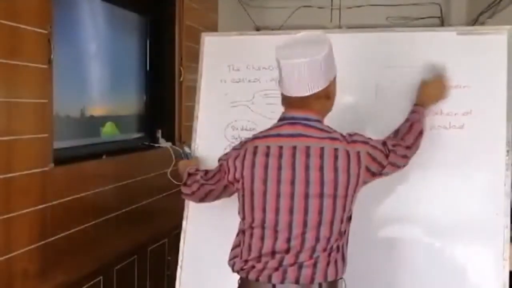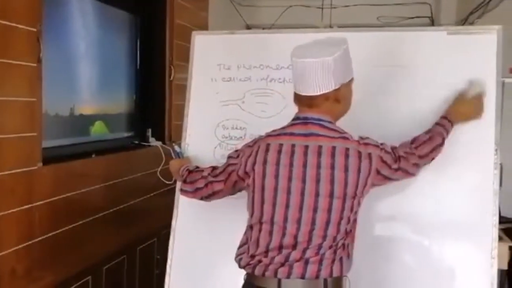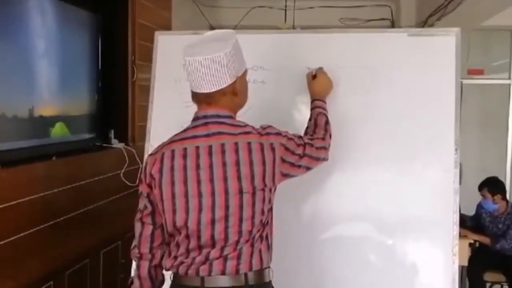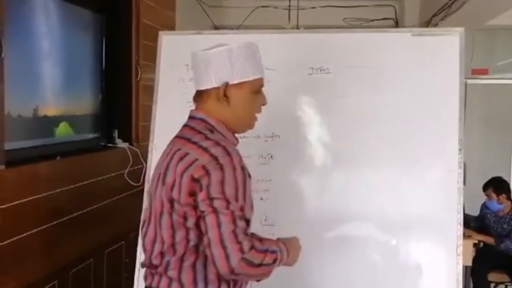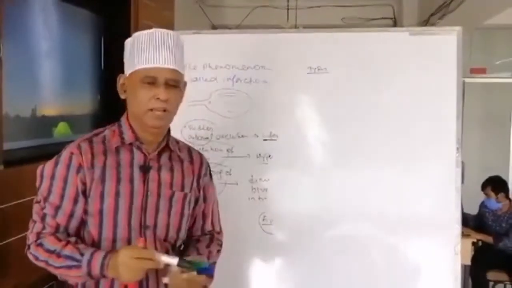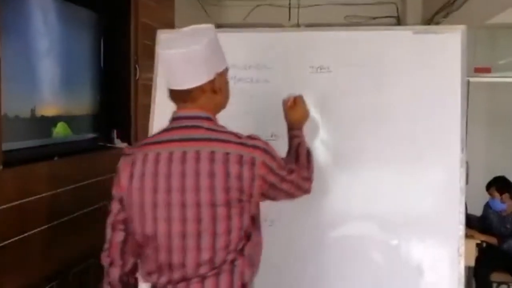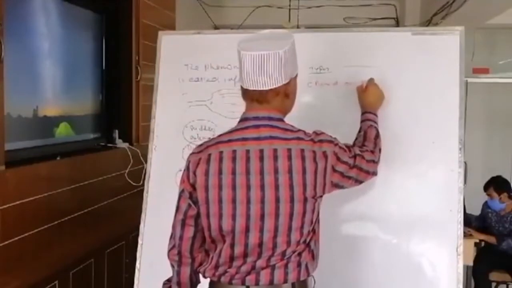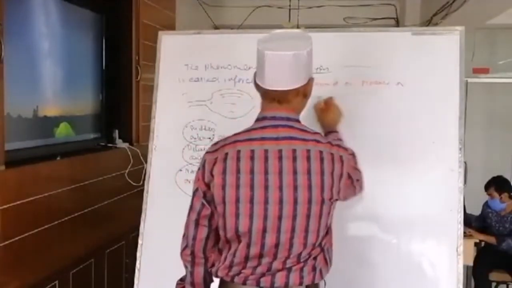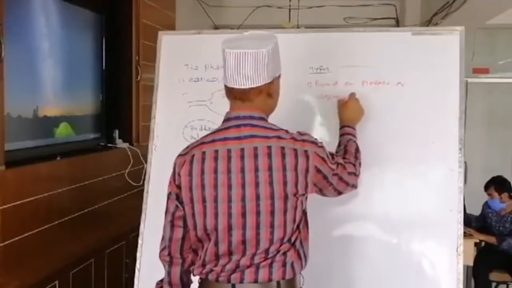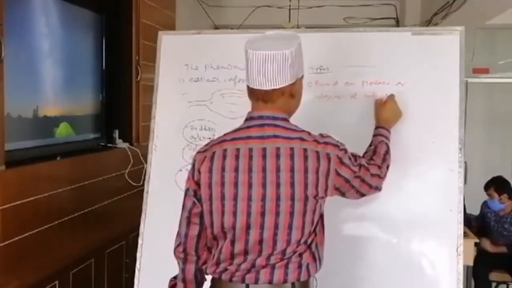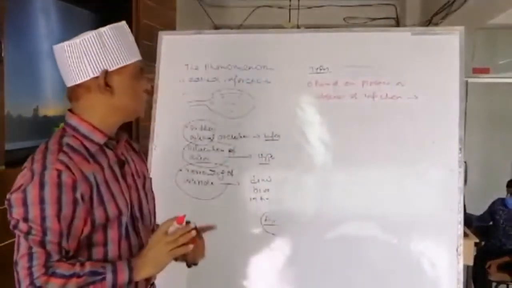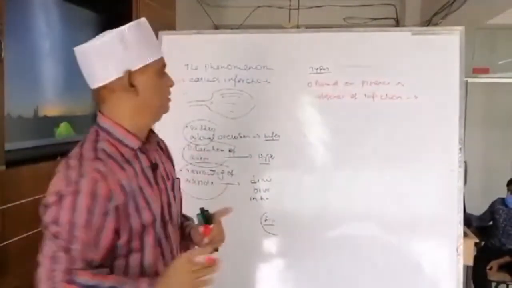Now come to the types of infarct. First, based on presence or absence of infection. Dear audience, we know inflammation caused by microorganism is called infection.